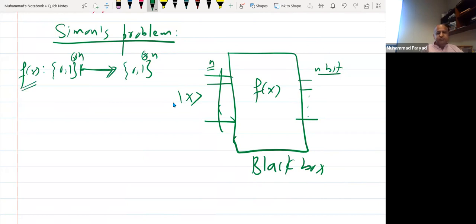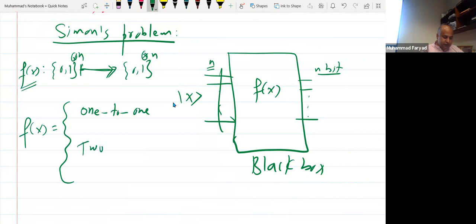However, this function itself can be of two types. So this f of x is either a one-to-one function or a two-to-one function. A one-to-one function is a function which maps each input to a unique output. And a two-to-one function is a function which maps exactly two inputs to one output.